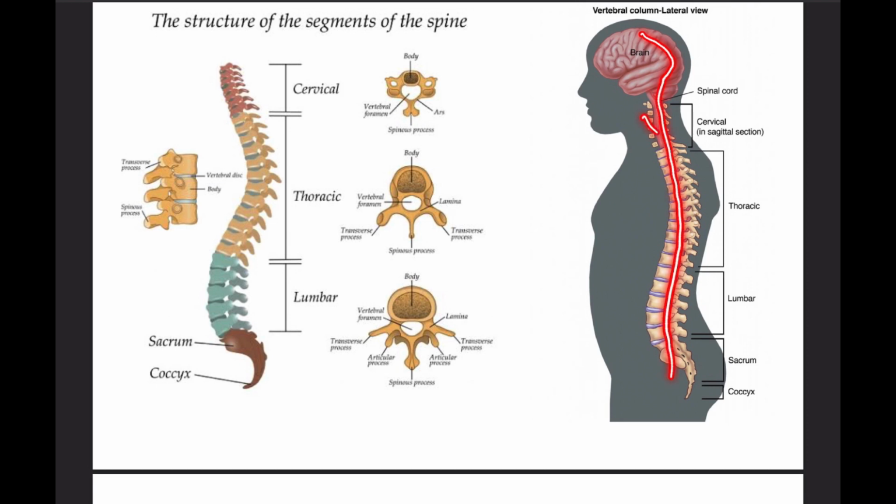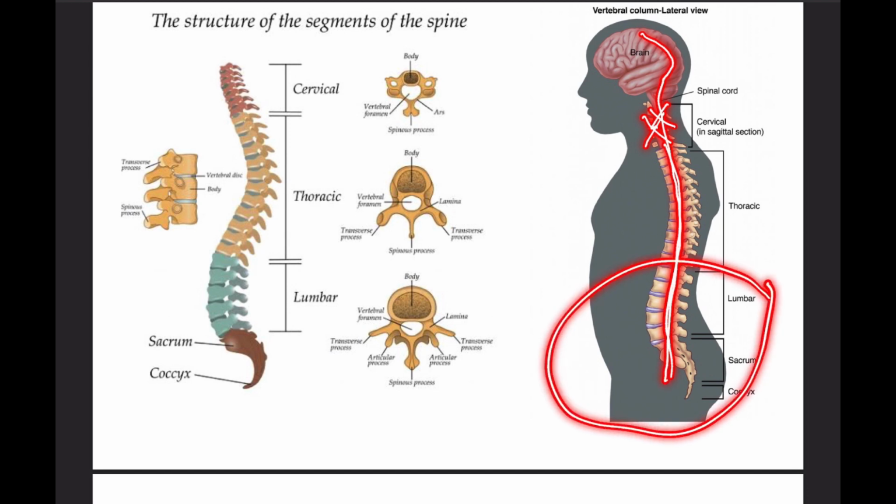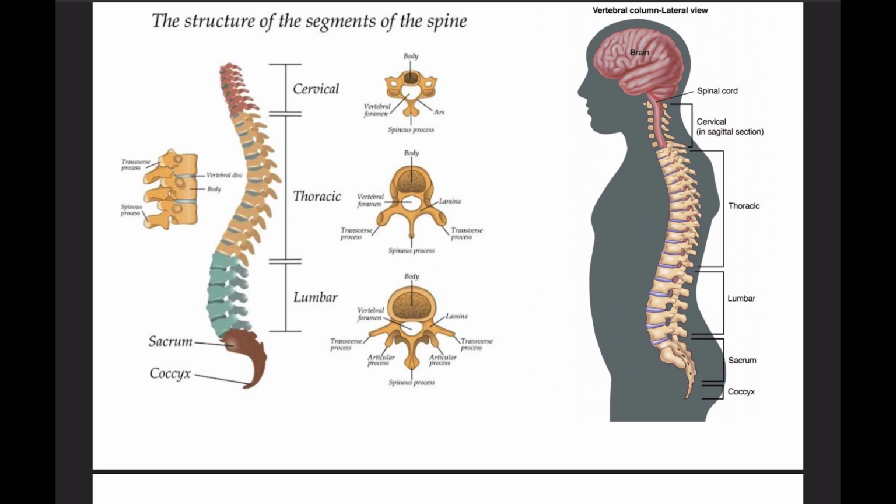So there is a lesion in the cervical vertebrae, so the information is blocked here. The information will not go further down. So your lower limb will have upper motor neuron type of problems. Your upper limb will have lower neuron type of problems.